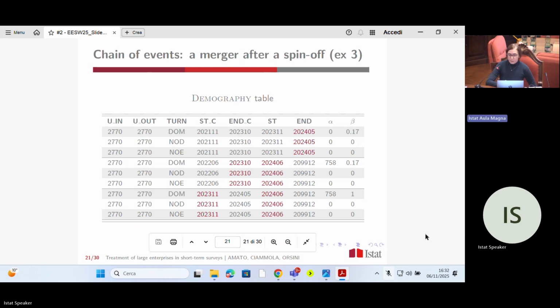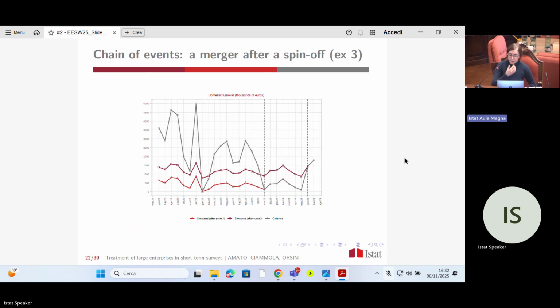Where we have a chain of events, so we have 2 or more events in the same year, in a period shorter than 12 months, the situation is much more complex because we have to update the previous information and then upload other information. And the result of the computation of the simulated data is the dark red time series reported in this graph.